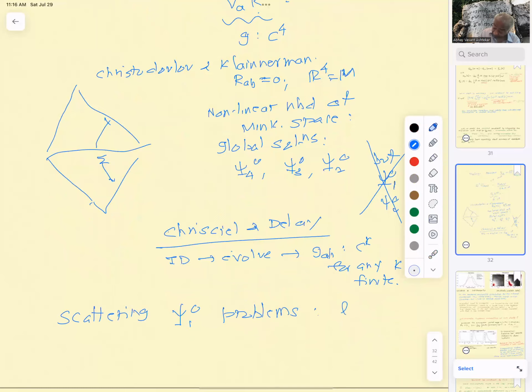But these are for l bigger than 2. For l equal to 0, there's no problem, and for l equal to 1 also, there's no problem.